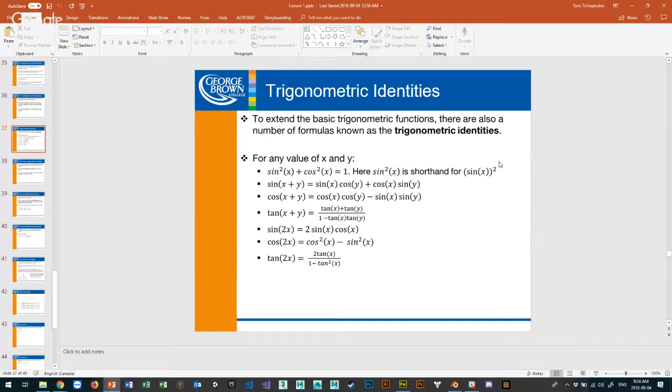Some basic things, I'm not going to go over each one of them, but these are identities, which means if I sub these in, if I want to calculate something and I have some values, sometimes looking at the identities can help us solve the problem. Again, from a computer's perspective, I would have functions that do this for me. I plug in parameters and then they spit out the value. That's what I would probably do.